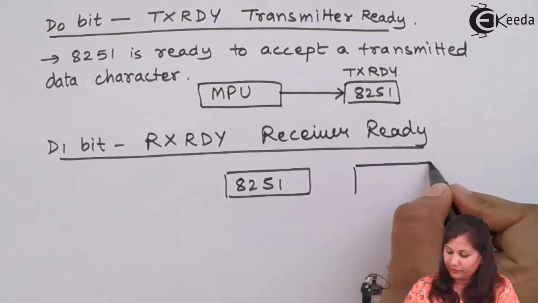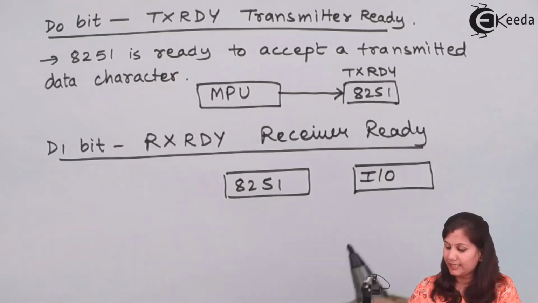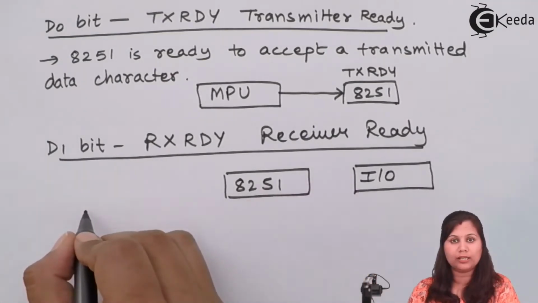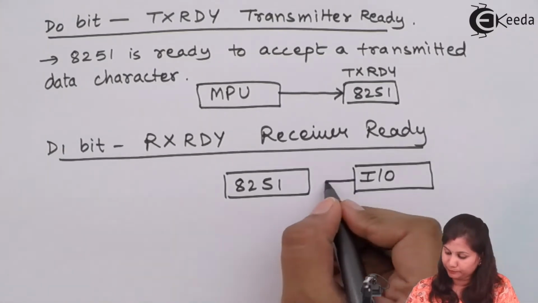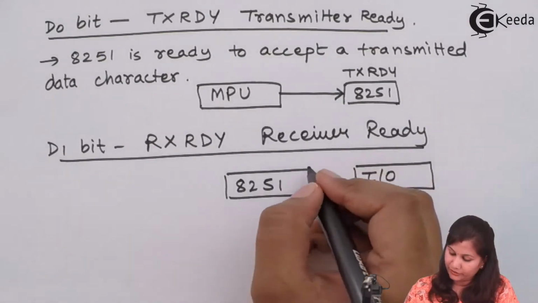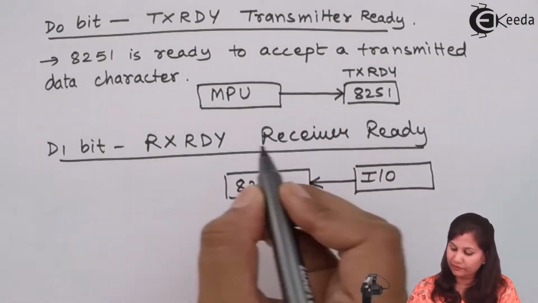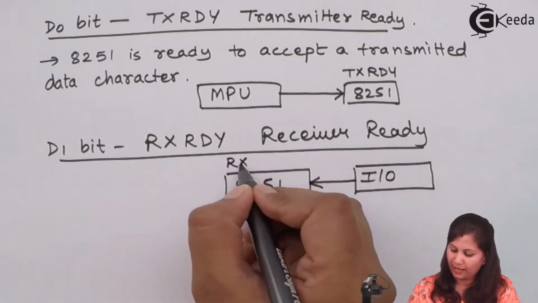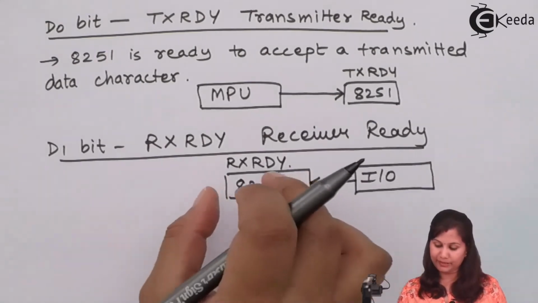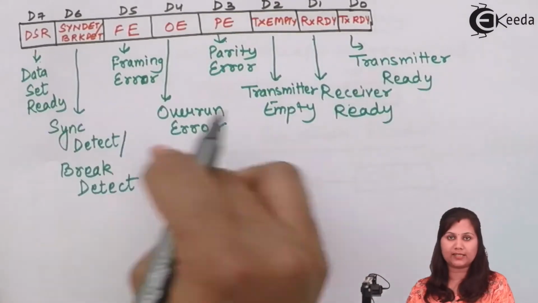Here we have the input output, or peripheral device. If that peripheral device wants to transmit the data to the microprocessor, here the 8251 is receiving the data from the input output. So receiver ready will be indicated by this RXRDY pin, and this can be set or reset by using the D1 bit of the status word.